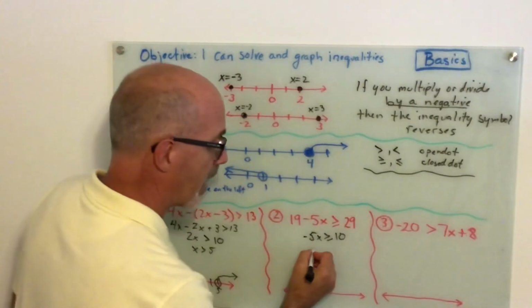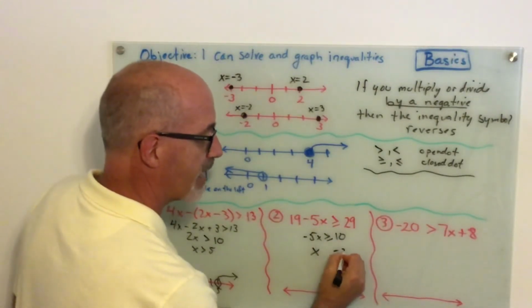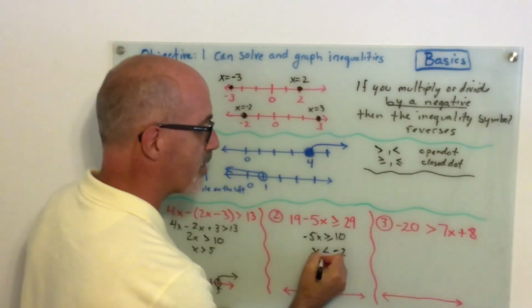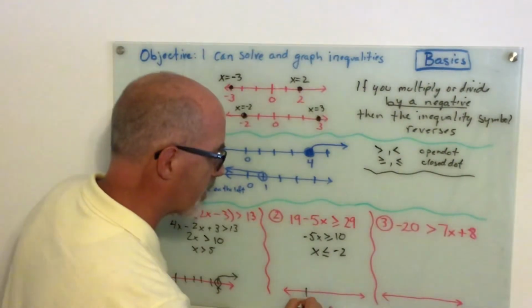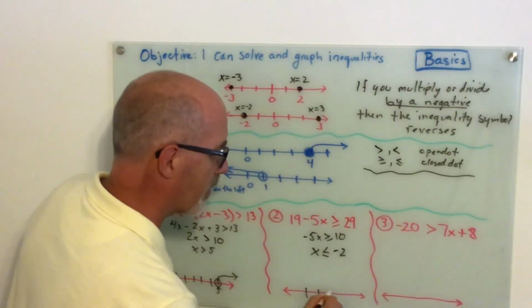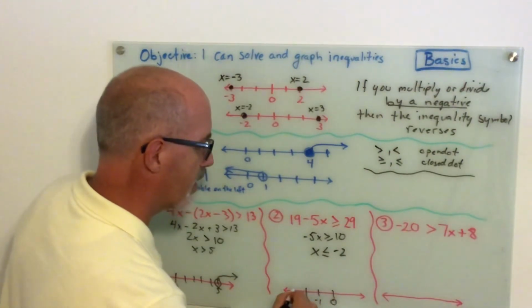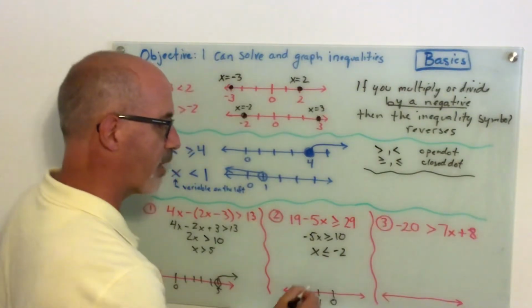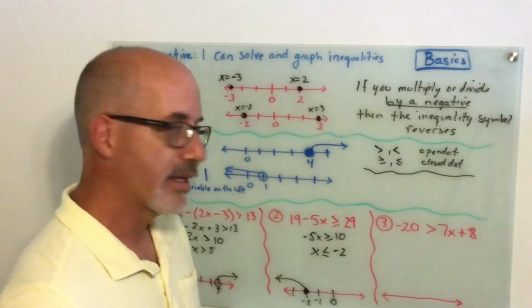So when I do that, I'm going to have an x here. 10 divided by negative 5 is a negative 2. Reversing the inequality gives me a less than or equal to. Now I can graph that. So down here, I'm going to start at 0, go negative 1 and negative 2. And that's going to be a closed dot because of the or equal to part of it. And then the less than tells me to go in this direction.